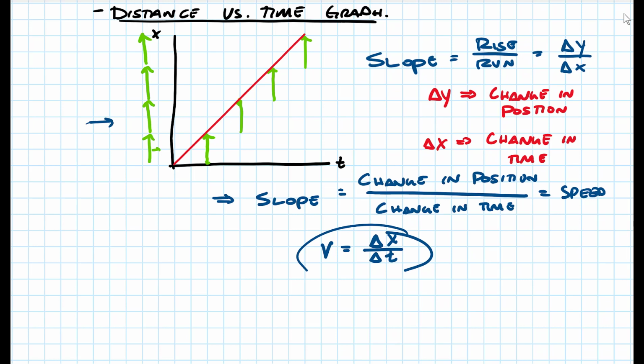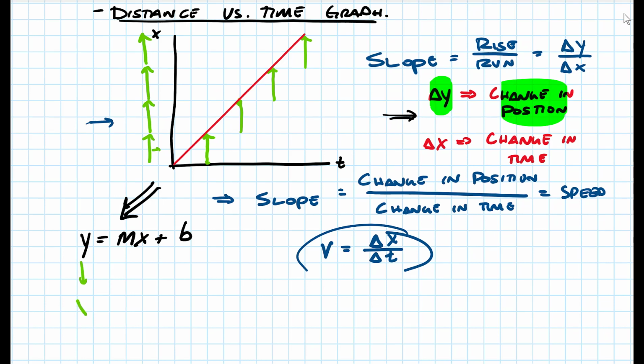Now, if we want to take this graph thing just one step further, for a straight line graph, we have y equals mx plus b. Y are my y values, x are my x values, m is the slope, and b is the intercept. But if we put that in terms of the things that we talked about here, our y values are change in position, right? We're calling position x. It might get a little confusing. That's okay.